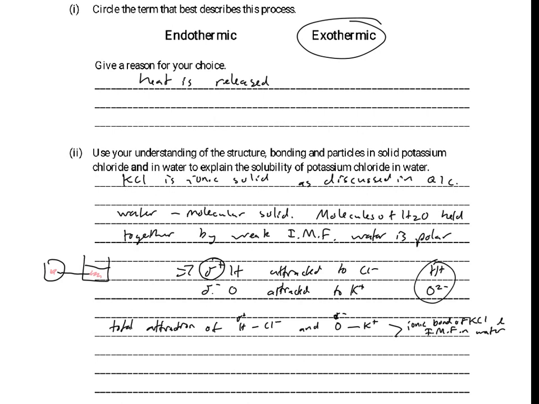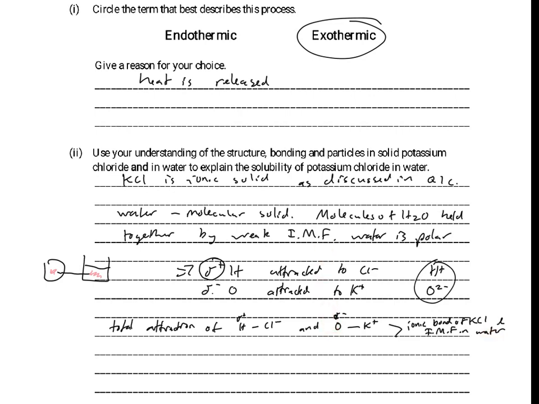Okay, so the attraction between the hydrogen and chloride and the oxygen and the potassium, all of those little attractions all added up is actually greater than the ionic bond which is holding potassium and chloride together, and the intermolecular forces which are holding water molecules together.